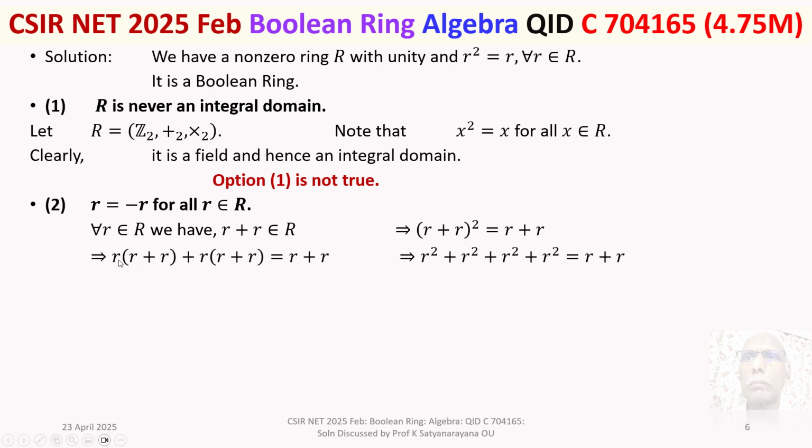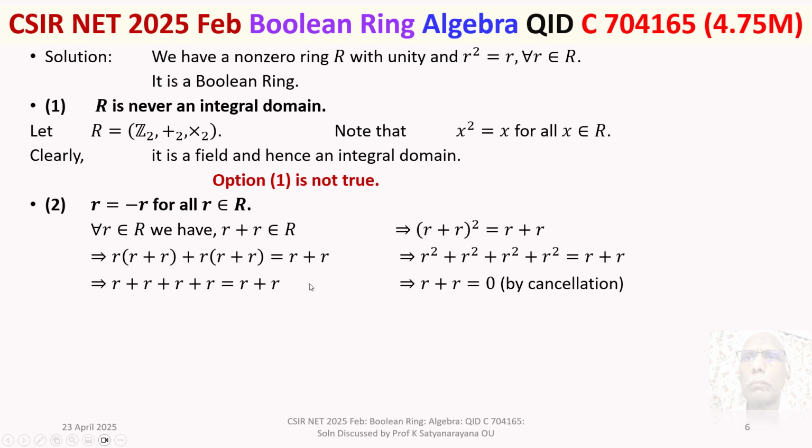Right. Now r multiplied by r plus r is r squared plus r squared plus r squared plus r squared is equal to r plus r. And r squared is equal to r for all r belongs to R. Therefore, it is r plus r plus r plus r is equal to r plus r.